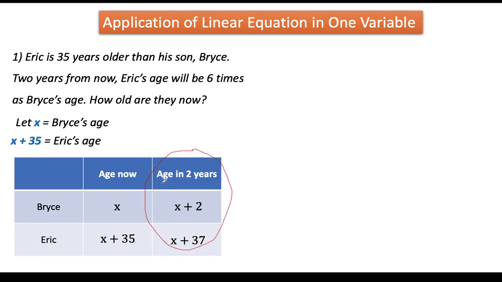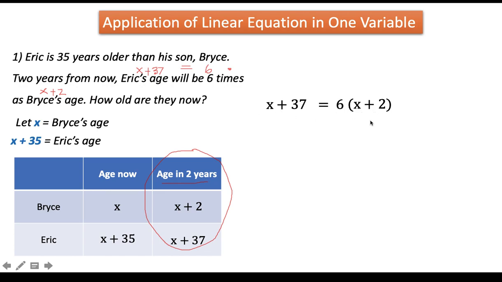So 2 years from now, Eric's age is represented by x plus 37, so x plus 37 will be, translated as equals, 6 times Bryce's age, and Bryce's age in 2 years is x plus 2. If we write them together, this will be our working equation: x plus 37, that's Eric's age, equals 6 times Bryce's age.